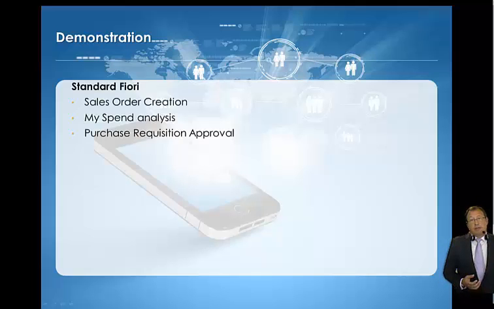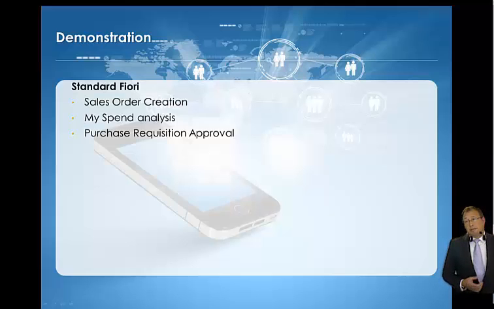So what we're going to do now is go into a demonstration and show you some of these capabilities. The first thing we'll do is go into standard Fiori and show you three different scenarios. One is sales order creation, which gives you the ability to create a sales order from scratch, to go through the process of adding products to that, creating that sales order, and then publishing that and putting that into the system.